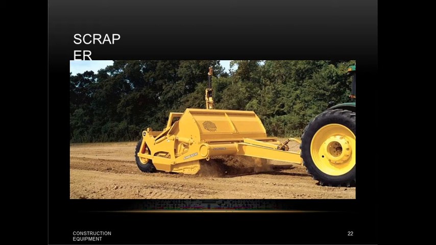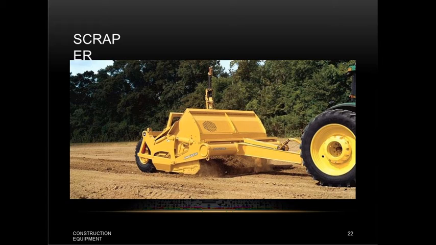Okay. The operation of the scraper, how it operates. The loading operation is done by lowering the front edge of the bowl till the cutting edge enters the ground. Simultaneously, the front apron is raised to provide an open slot through which the earth flows into the bowl. As the scraper moves forward, the earth is forced into the bowl.